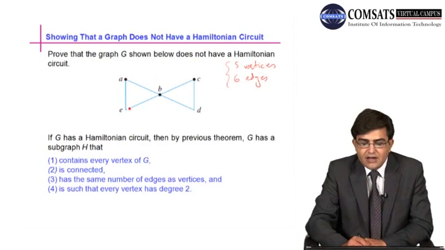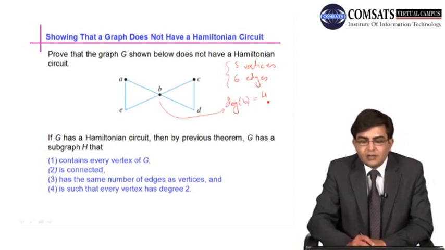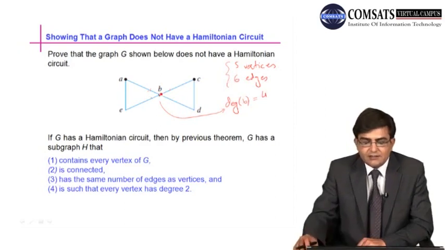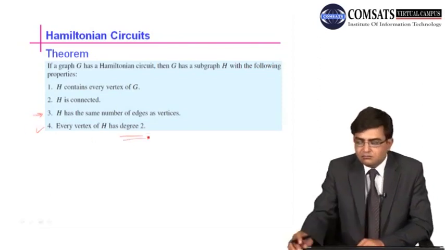Here A has degree 2, E has degree 2, C has degree 2, D has degree 2, but the degree of B is 4. So we have to remove two edges from vertex B to reduce its degree to 2, because in the result every vertex in H must have degree 2.